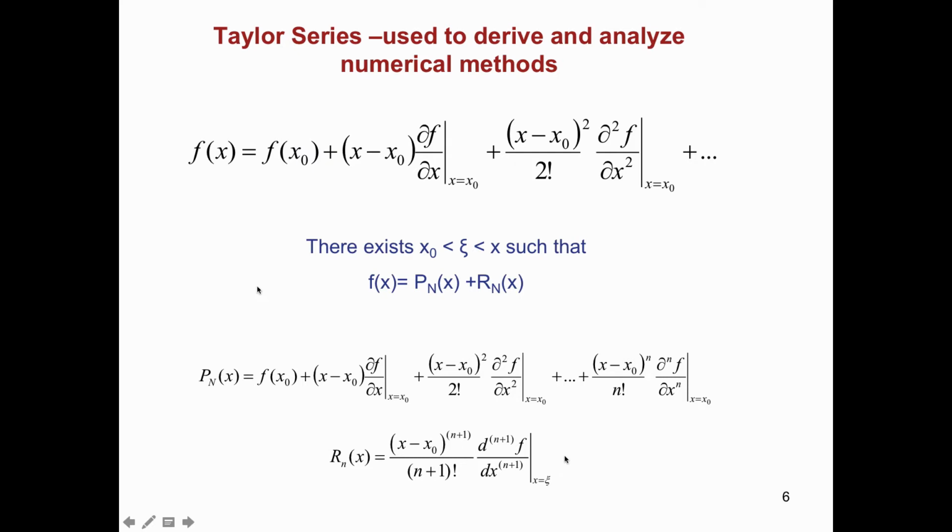So theoretically, I could find a point on that interval between x0 and x where I evaluate this derivative and multiply by this, and I will get precisely what was left off here. So this is my error. So if I know something about the nth order derivative of this function, I have a way of gauging theoretically how much of an error I'm making.